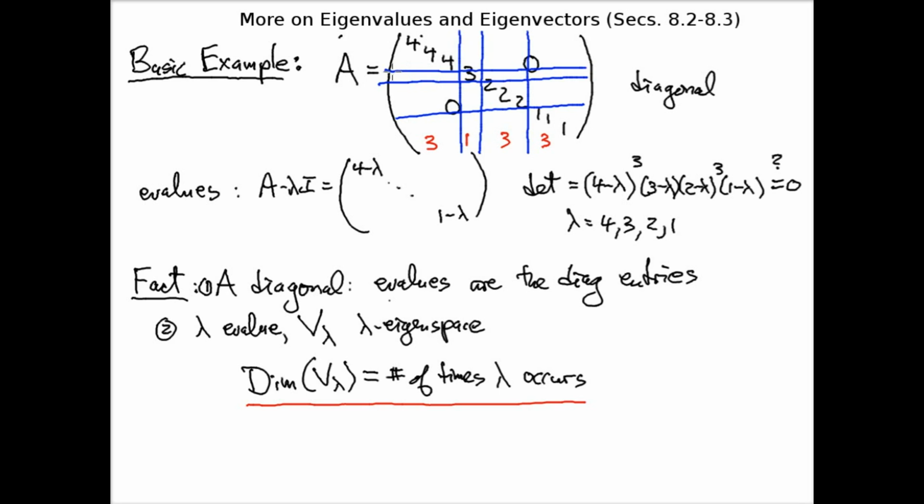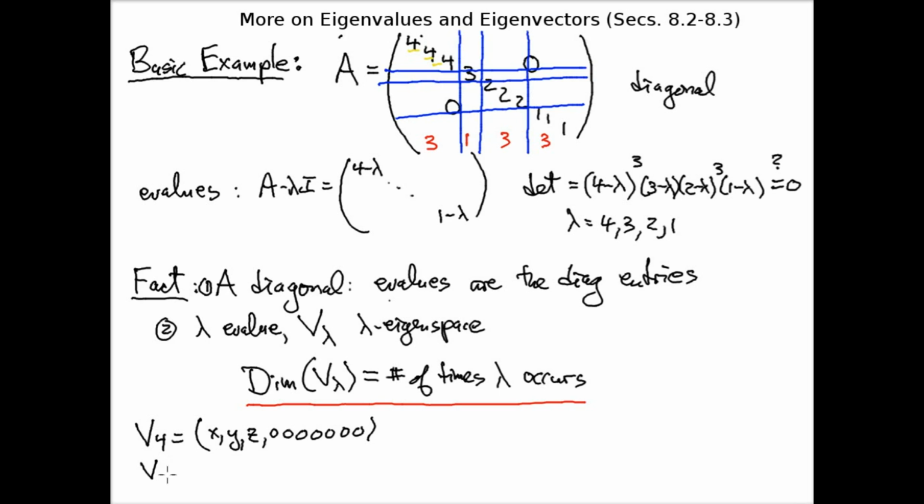And this block up here corresponds to the 4 eigenspace. What is the 4 eigenspace? Well, it's vectors which have anything in the first 3 coordinates, and all the remaining coordinates are 0.